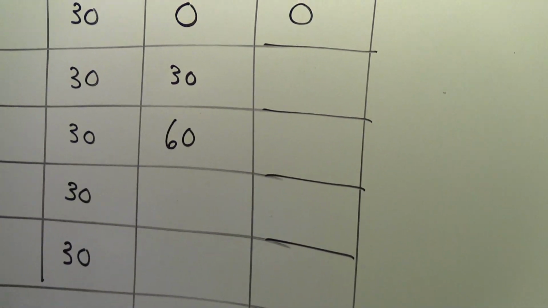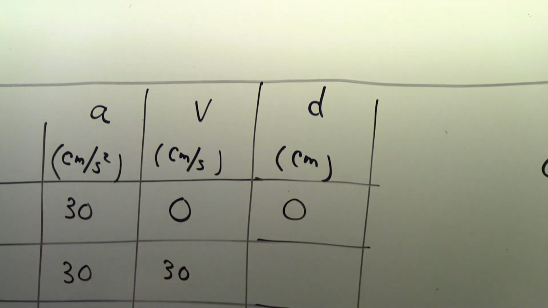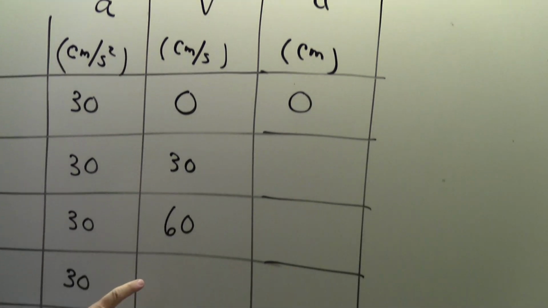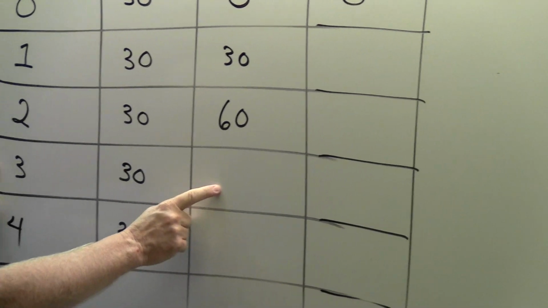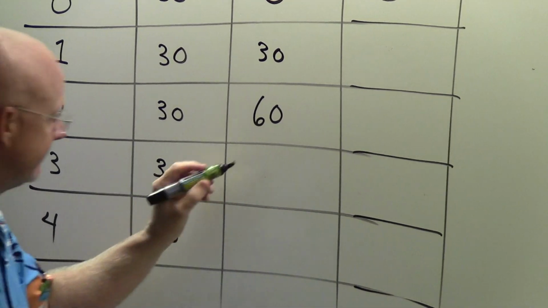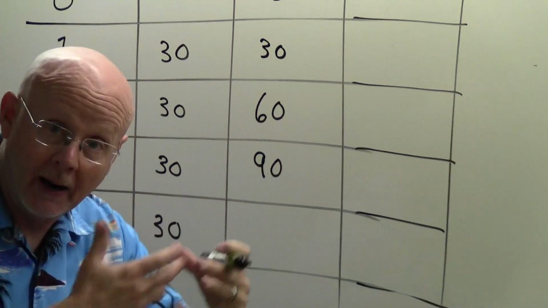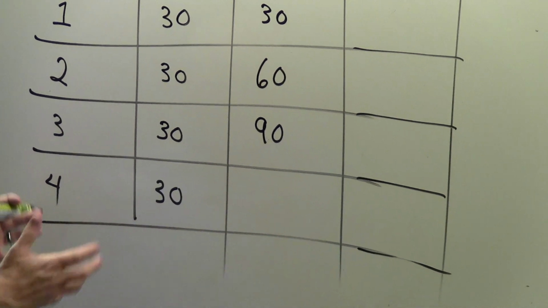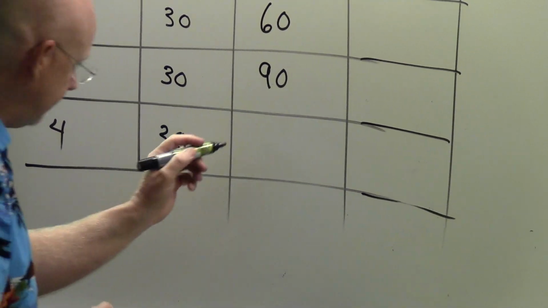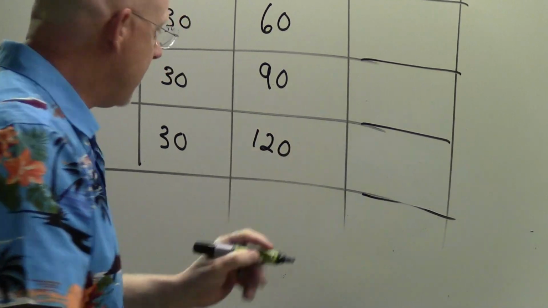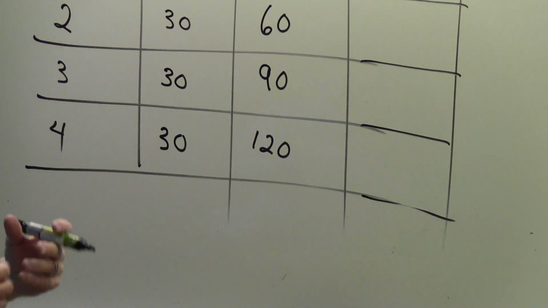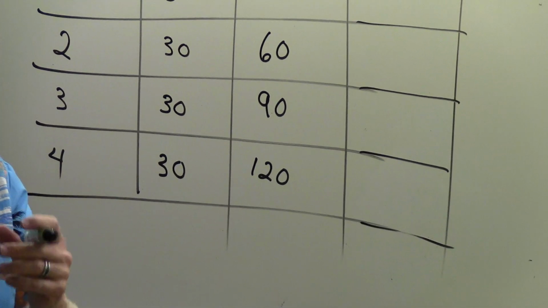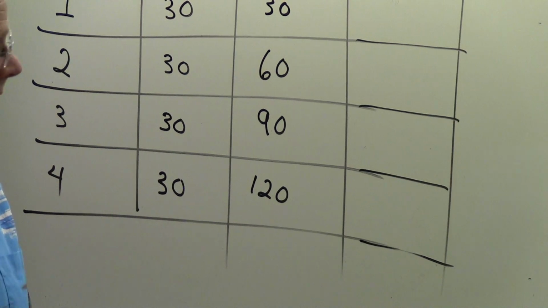All right, so if I'm going 60 after 2 seconds, how fast would I be going after 3 seconds? Yeah, 90. Go up by 30. And then how fast would I be going after 4 seconds? Yep, 120. Because you are increasing by 30 centimeters a second each second.